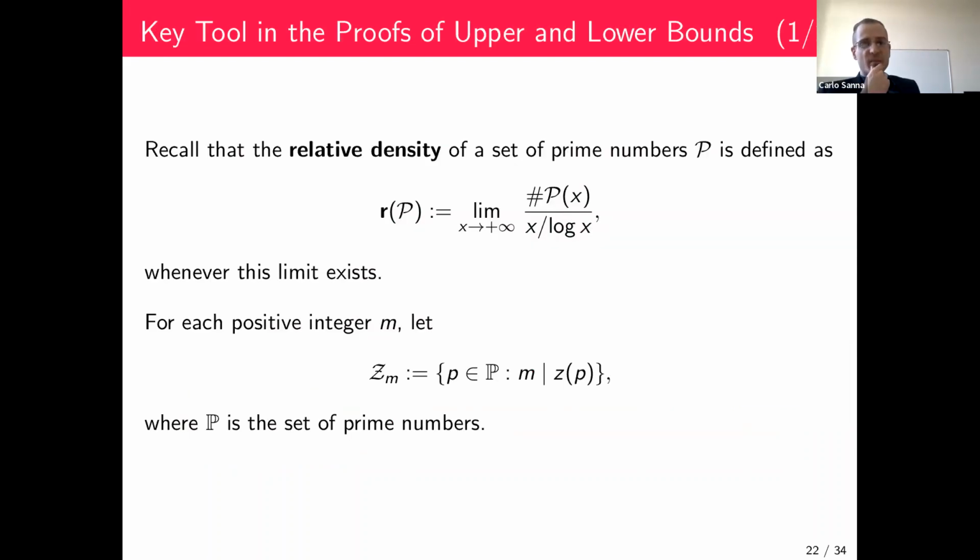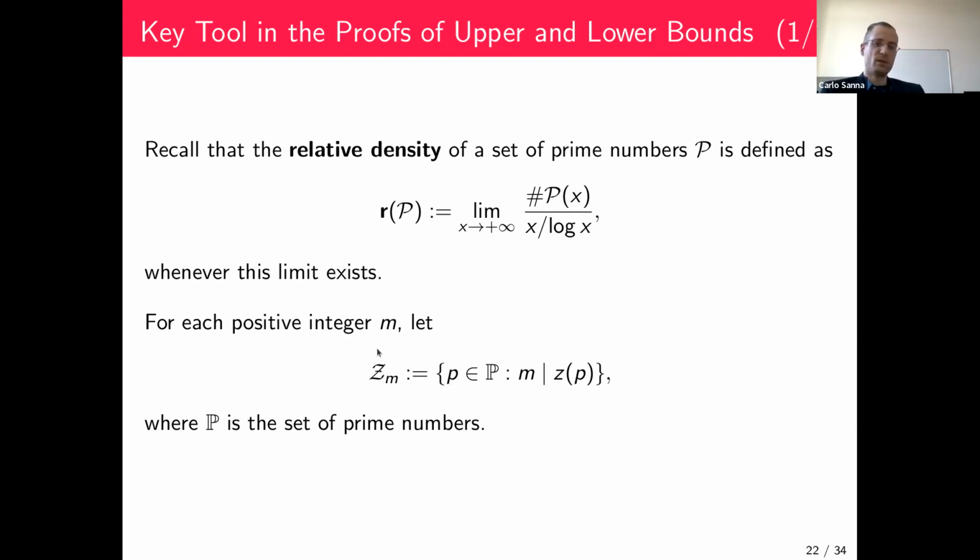And now I'm going to show some of the tools of the proof of this result. First, I recall that the relative density of a set of prime numbers P is defined as this limit, the number of elements of P which are less than x over x over log x, which is the asymptotic for the prime counting function, of course, whenever this limit exists.